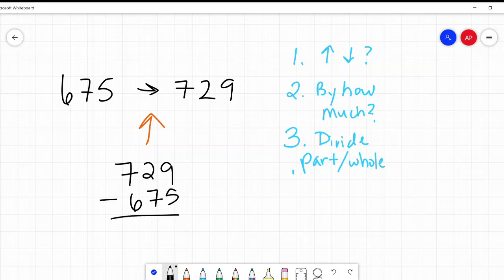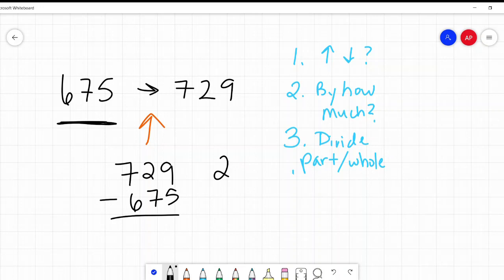You may notice that in the previous one, the first number was bigger, so I did the first number minus the second number. Well, in this one, the second number is bigger. So to easily find the change, it's the second number minus the first number.